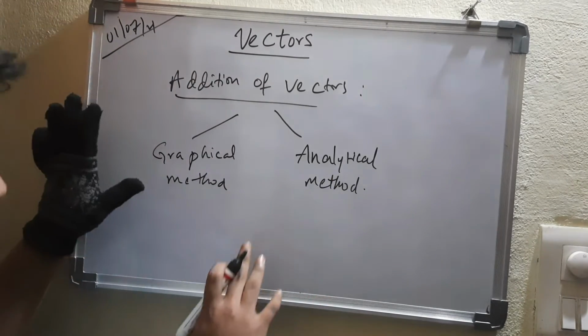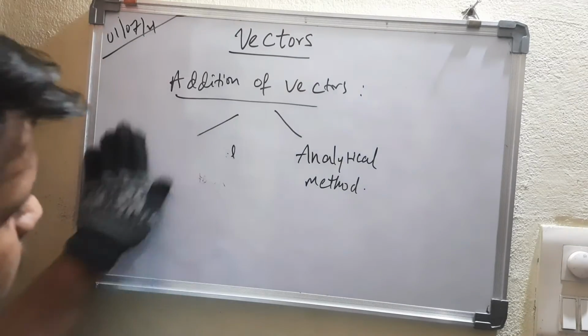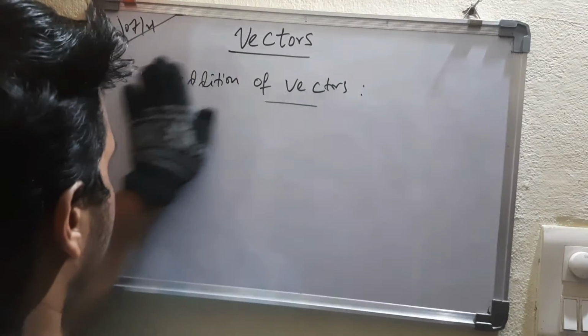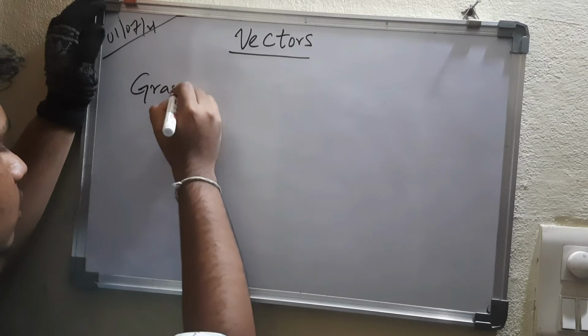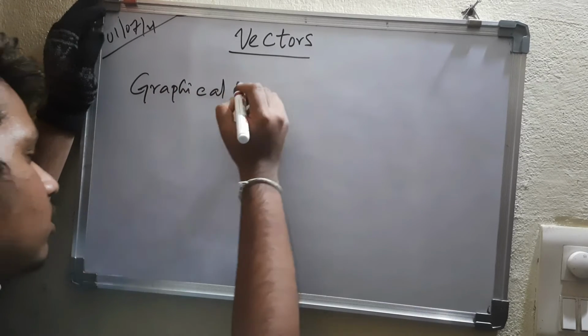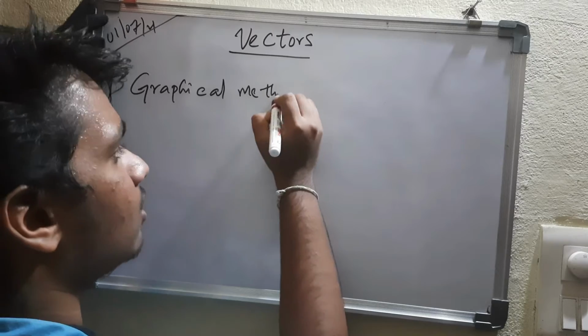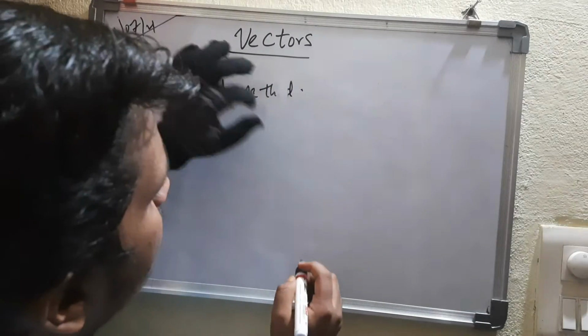We'll discuss the graphical method first. Graphical method is nothing but addition of vectors through figures.